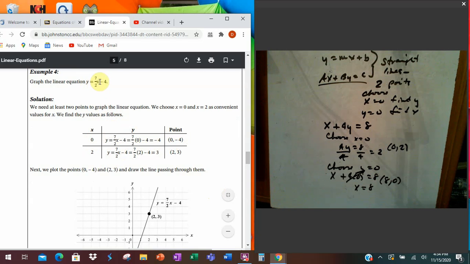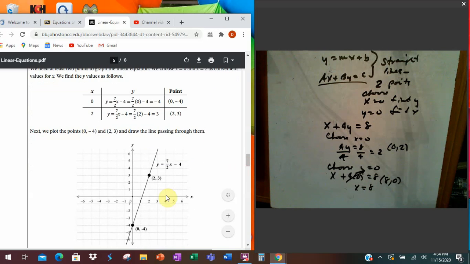If I multiply times 2, the 2 went away. This is multiplication, not addition or anything. So the 2's go out, I've got the 7 minus 4, and that's 3. That's my second point. When it's in this form, you're free to choose the point, and they chose wisely to make that 2 go away. Then I do my straight edge.